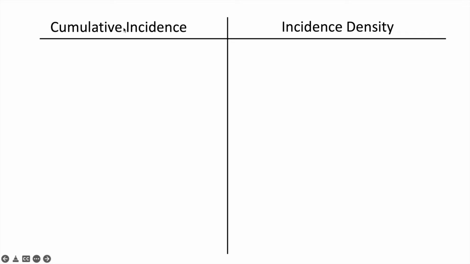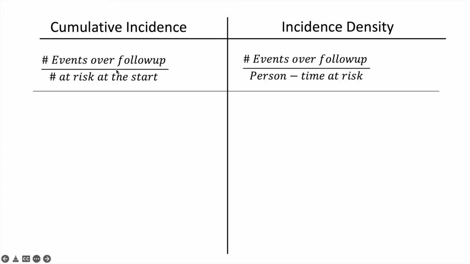There are 2 kinds. One involves time and one does not. So cumulative incidence and incidence density are the 2 types of incidence. They have the same numerator. They're both the number of events over follow-up. But with cumulative incidence, the denominator is just the number at risk at the start.